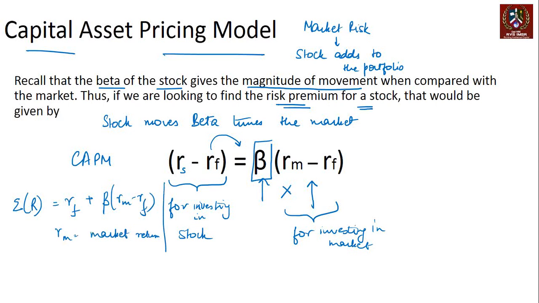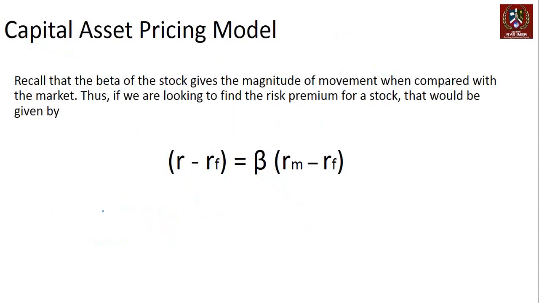Now let's assume that we are plotting a line between the expected return on the stock and beta. So far, remember, we were plotting a line with sigma on the x-axis. Now let's say we put beta here. Now beta 0 is where you will have the risk-free asset.